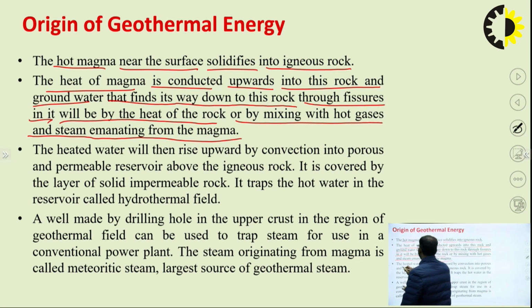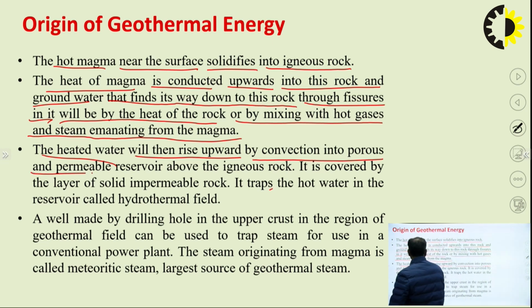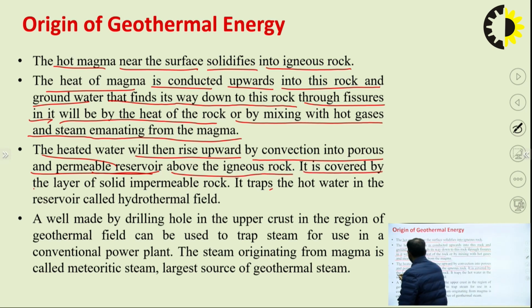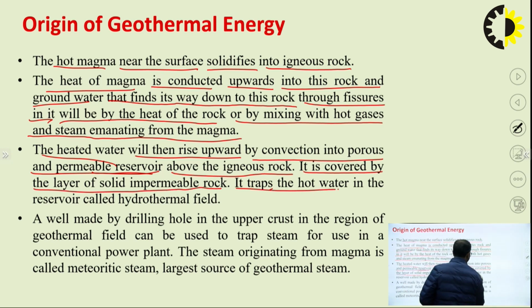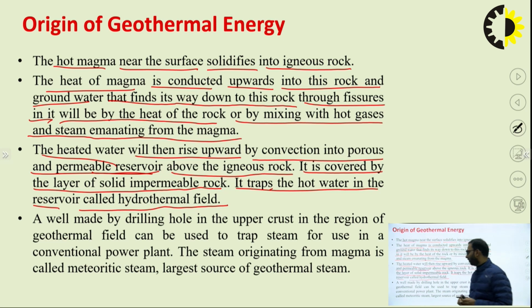The heated water will then rise upward by convection into a porous and permeable reservoir above the igneous rock. It is covered by a layer of solid impermeable rock, which traps the hot water in the reservoir, called a hydrothermal field.